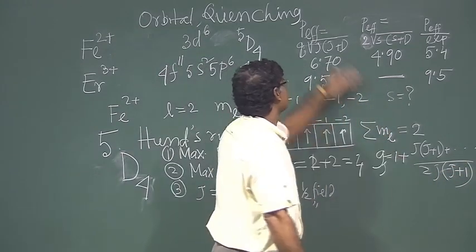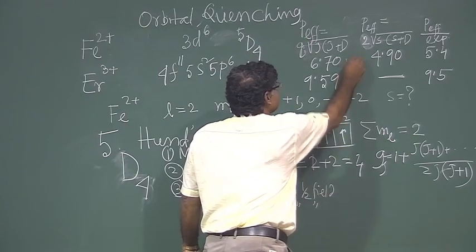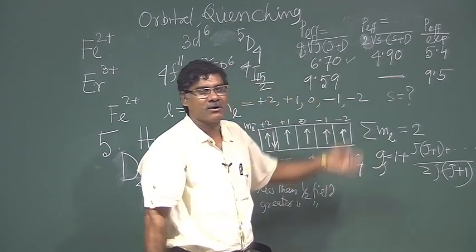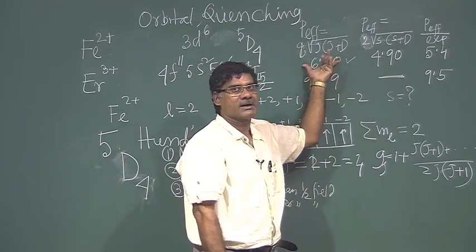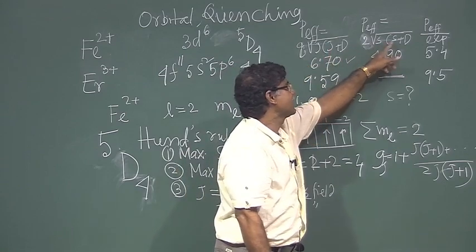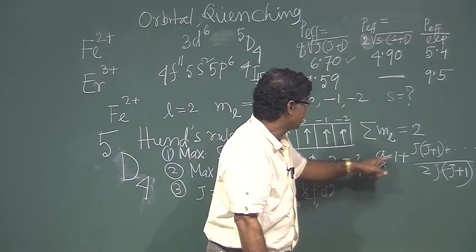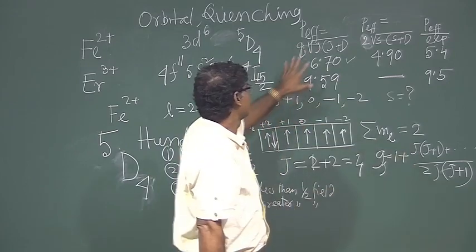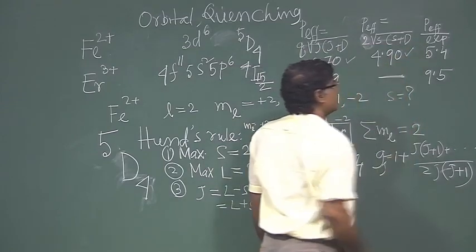You calculate it, and check it. I will not calculate it, it will take time. Just take S equal to 2 and J equal to 4, calculate this, and you will get exactly this value.